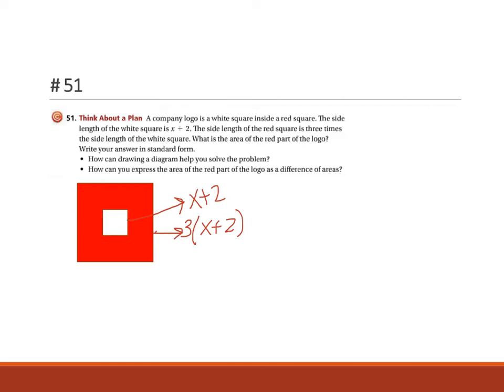Well, the red part is a shaded area, and we have learned that in order to find the area of a shaded region, we subtract. So we need to figure out, well, what do we subtract? In this case, I misspelled region. Well, let's erase that. Get the spelling correct.